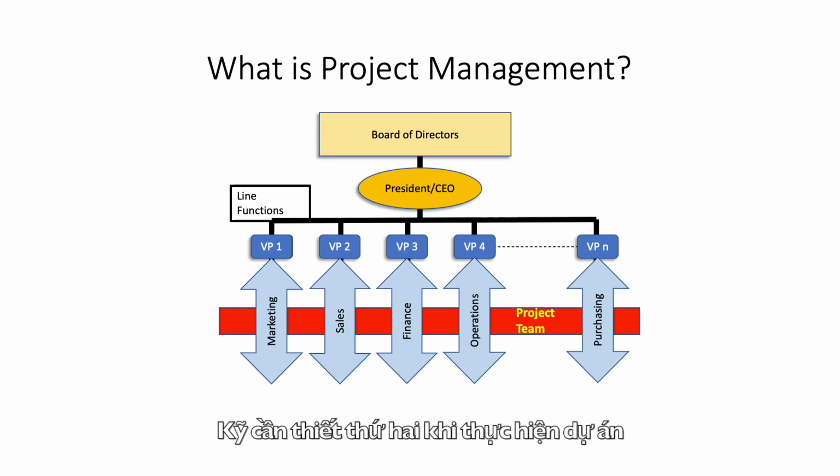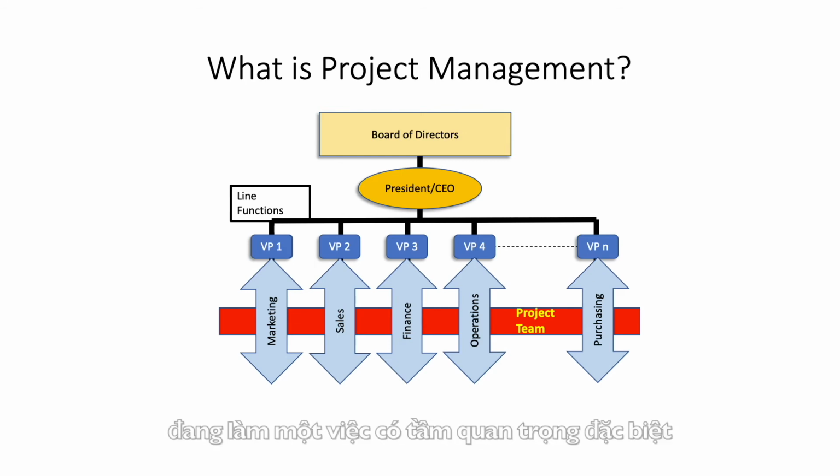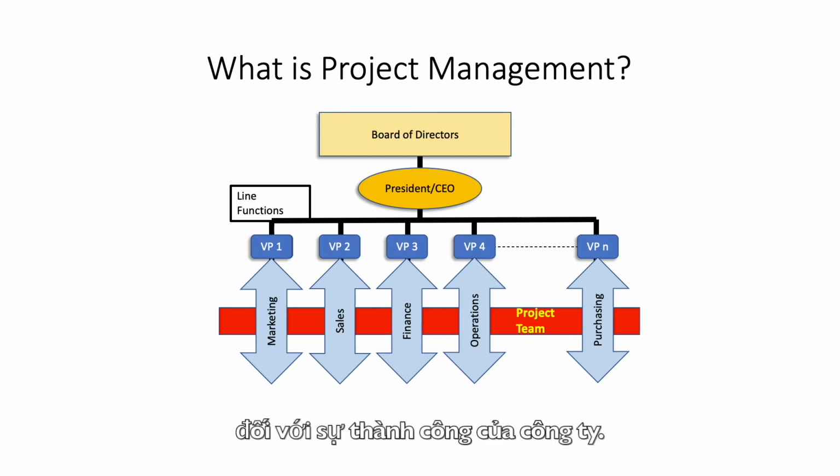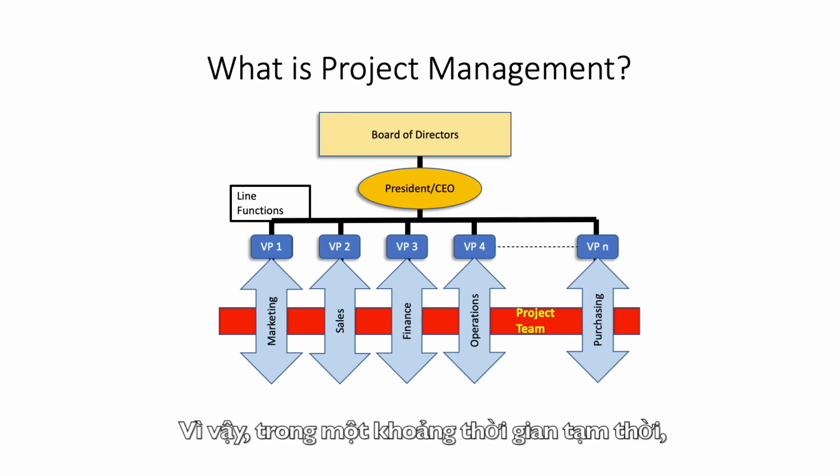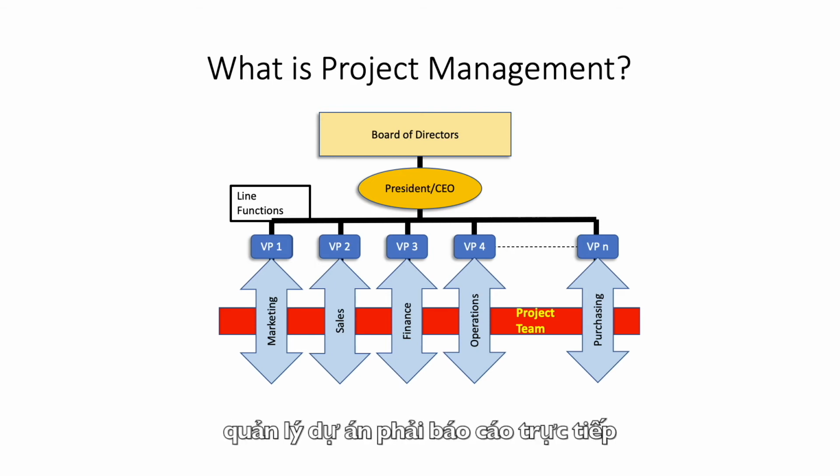And the second area of expertise that's required is more political in nature. Normally, the project manager is executing something that's critical to the success of the company. So on a temporary basis, the project manager is reporting directly to the president or the CEO, and the resources of people and equipment are coming from the various vice presidents.